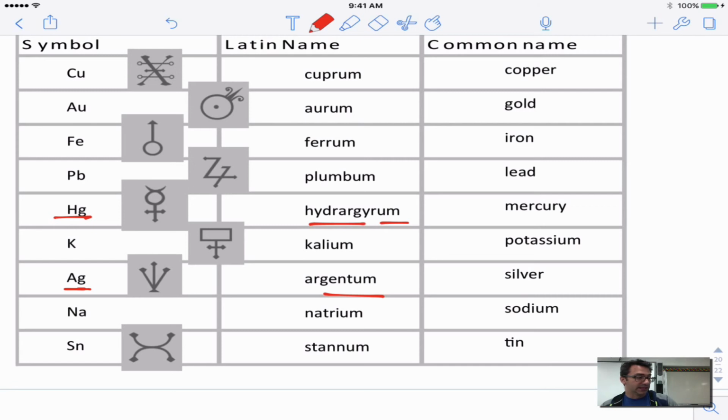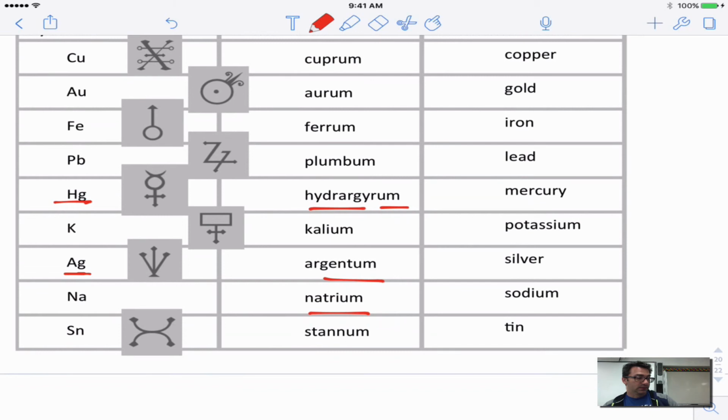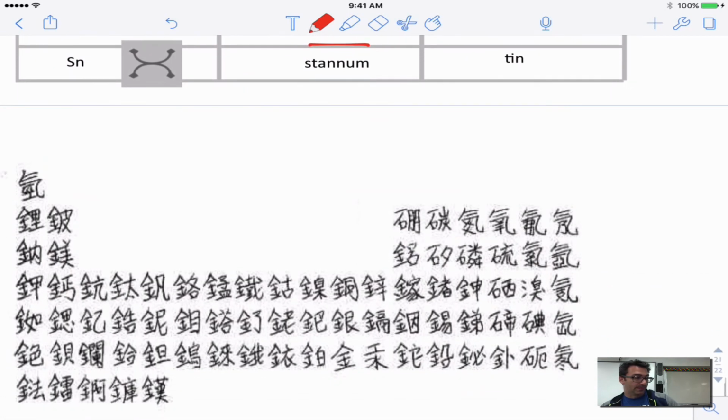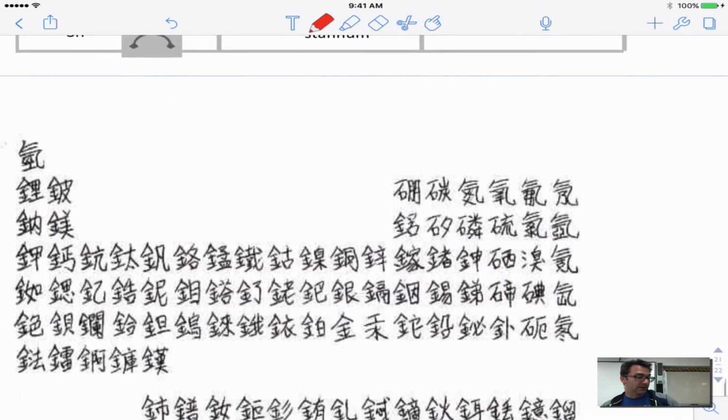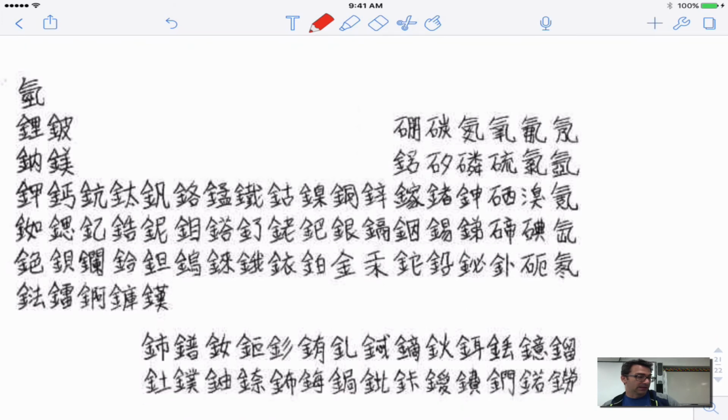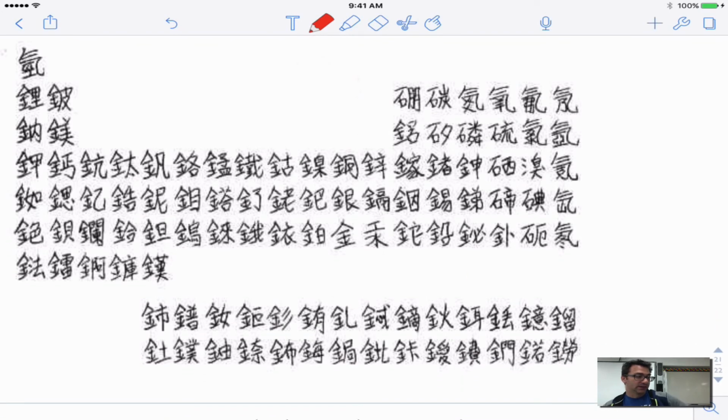Sodium originally was natrium. If you're wondering why they torture me and make sodium Na, that's why, it actually comes from the name natrium. So there's a bunch of them here that are kind of cool. If you want to go really crazy, if any of you can read Chinese characters, this gives you a list of the elements in Chinese characters.